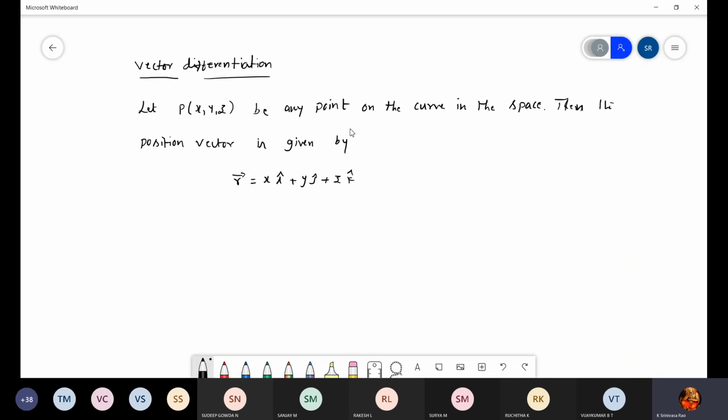So that is a point whose coordinates are x comma y comma z, meaning on the x-axis it has x distance, on the y-axis y distance and on the z-axis z distance. So that we will represent in vector form. So x into i cap, where i cap represents the unit vector along the x-axis. Like that, y into j and z into k.